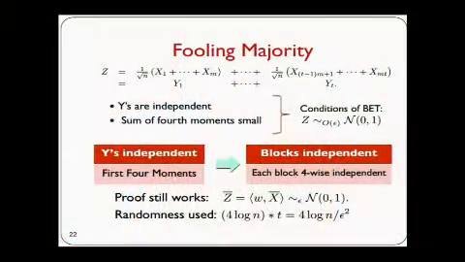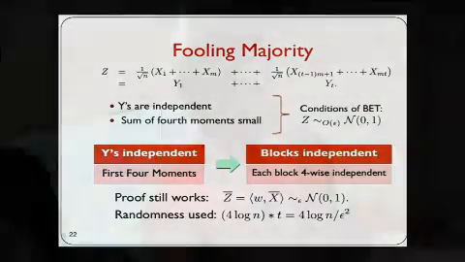When you generate the xi's in this manner, the same argument will still work, and the inner product of w comma x bar, where x bar is generated as here, is close to the standard Gaussian distribution with an error of constant times epsilon, which in turn is close to the true distribution we were aiming for. The randomness used here is 4 log n, the number of bits needed to generate a single 4-wise independent sample, times the number of blocks t. So the total randomness used is 4 log n over epsilon squared.